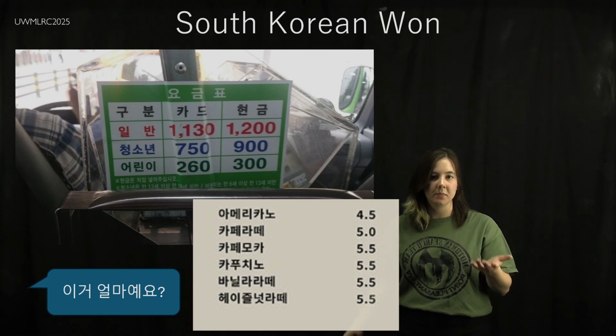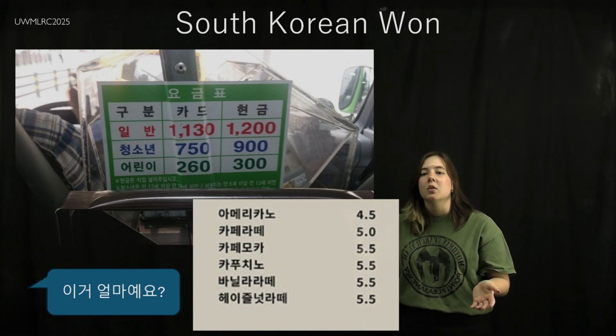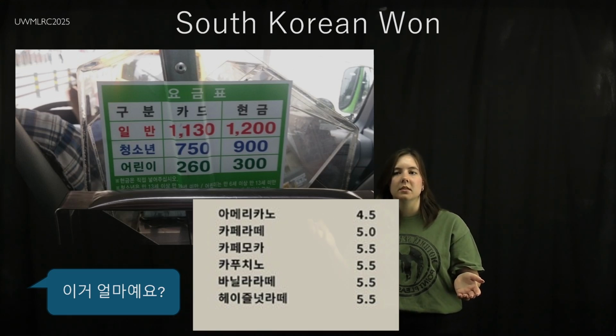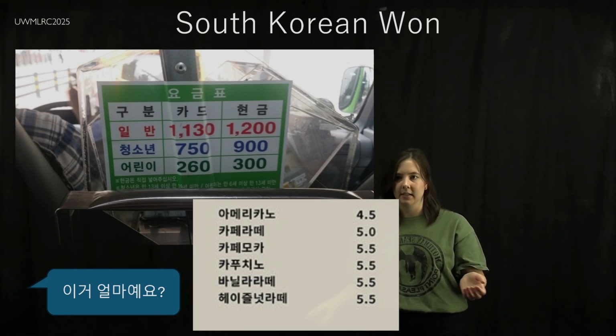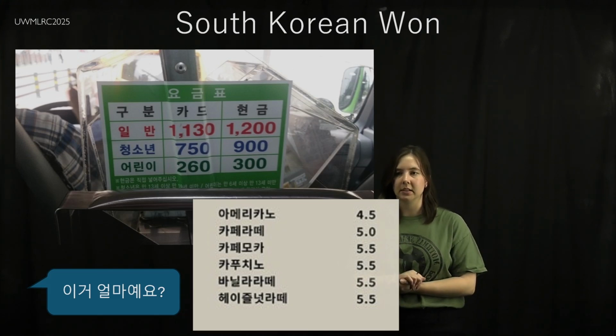Regular adults like you and me, we would be considered 일반, even if you're a college student. 청소년 is like younger teenagers, younger kids. 어린이 is really small kids. Those are really small kids. 어린이.